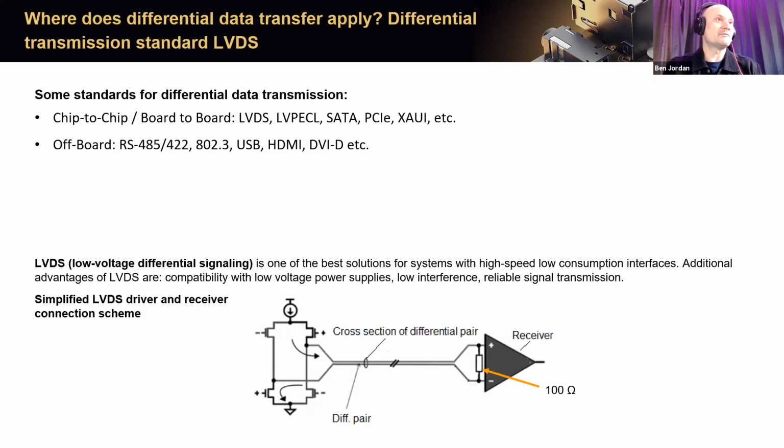And off-board, we have other differential signaling systems that some of them are more oriented towards cabling, like RS485, 422, or IEEE 802.3, which is the Ethernet standard. But of course, we have others like USB, HDMI, DVI-D, and these can exist on a board or go off the board to a cable.